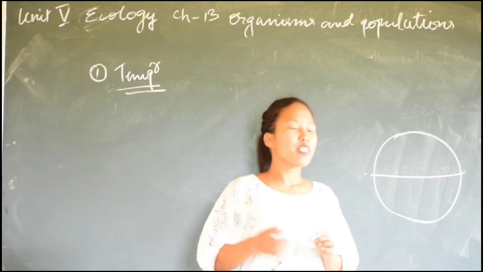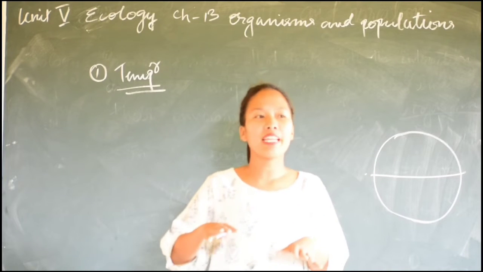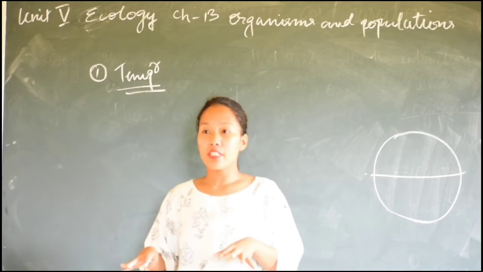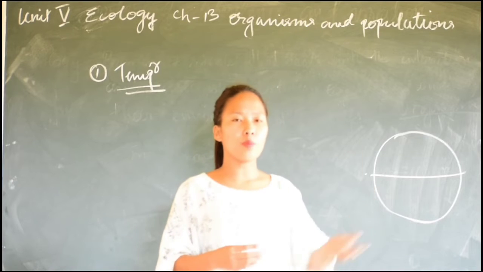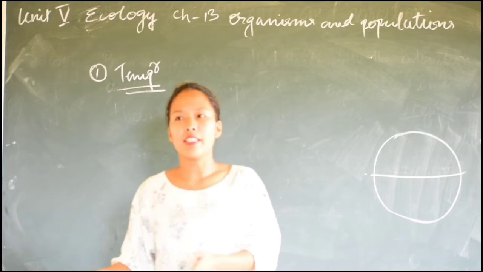Temperature also decreases from the plains to the high mountain tops. That means in the plain areas the temperature will be more, and as we go up to the mountain tops, the temperature slowly goes lesser and lesser.